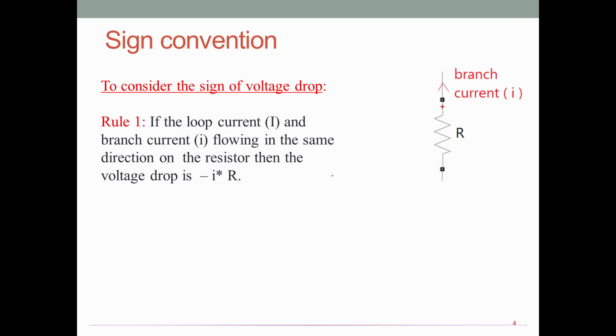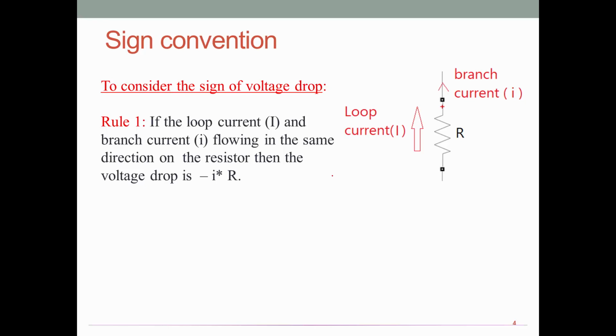If the resistor has upward current flow according to my diagram, that is the branch current moving upwards, and the loop current is also acting in the same direction as the branch current, then we have to consider minus branch current into resistor.